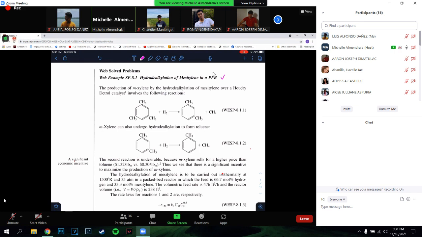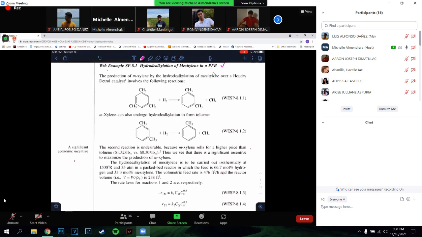So this is our two reactions. Mesitylene is hydrodealkylated, producing m-xylene, or just X, along with methane.